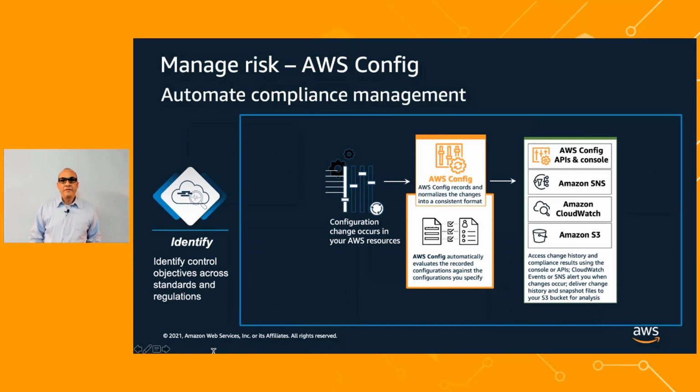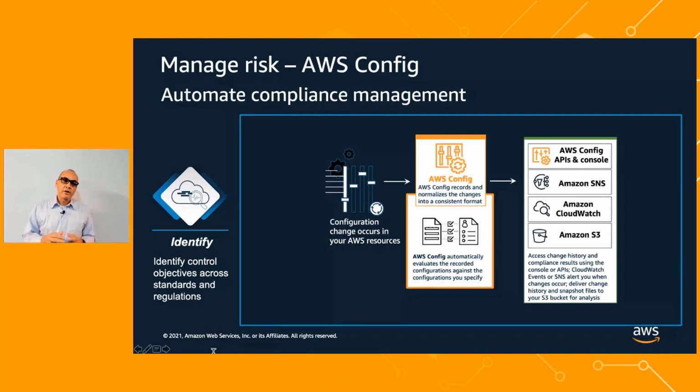Well, AWS Config has a number of features that make it simpler. The first one is that when you turn it on, it starts tracking all the resources that are created or modified in your infrastructure. Then on top of that, you can use a feature called config rules. And those config rules are the equivalent of your controls.